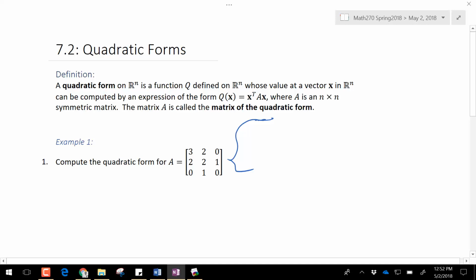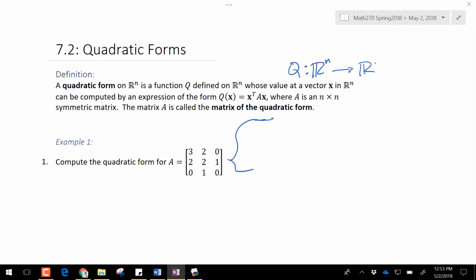Q is a function that results in a scalar. That's a good question. When we take a look at functions, we look at a function by looking at its domain, where its inputs come from, and then we take a look at its range, where its outputs go to.